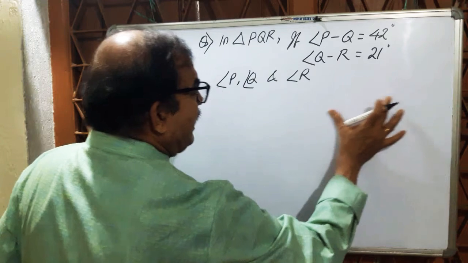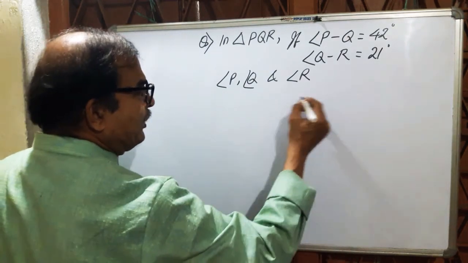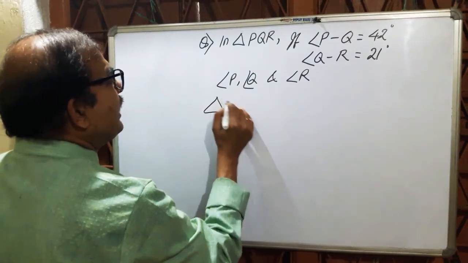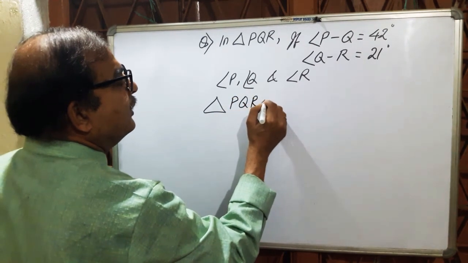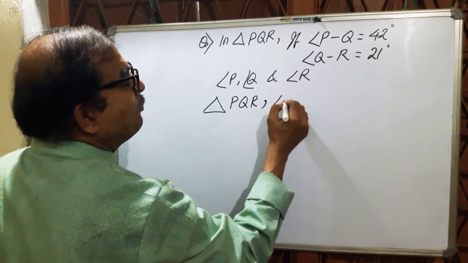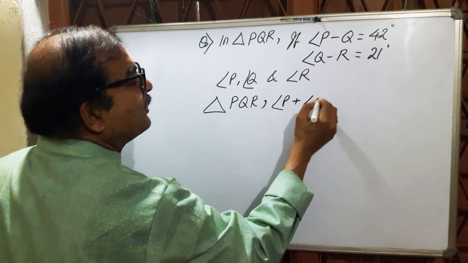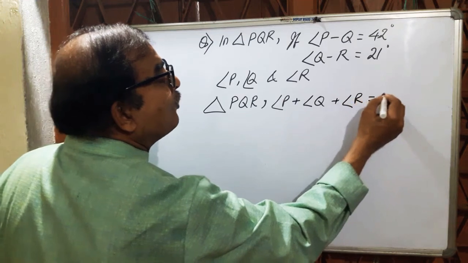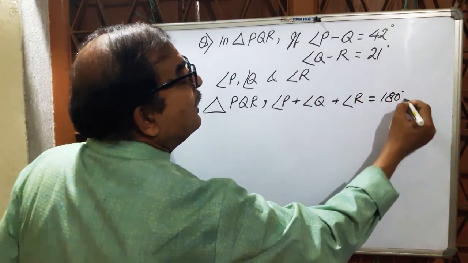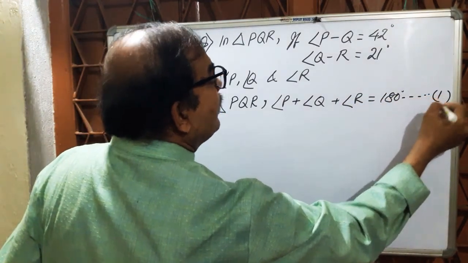Like angle ABC, for angle PQR the sum of interior angles of triangle PQR equal to 180 degree. Angle P plus angle Q plus angle R equal to 180 degree. It is fixed for the sum of interior angles.